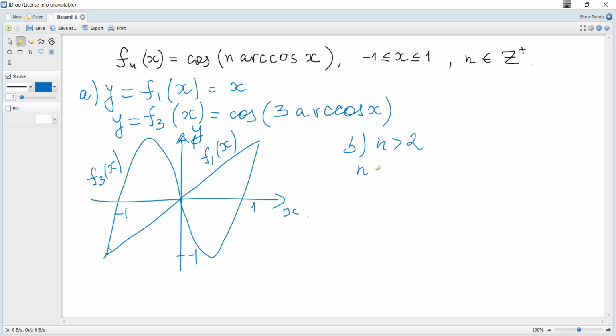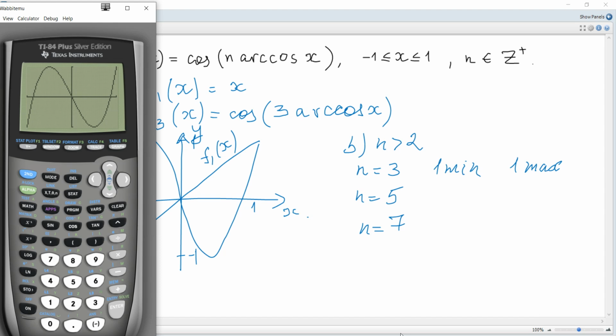Since we have considered f3, when n is 3, we can see that there is 1 minimum point and 1 maximum point. Let's consider n to be 5 and n to be 7 to understand the pattern for odd values of n.